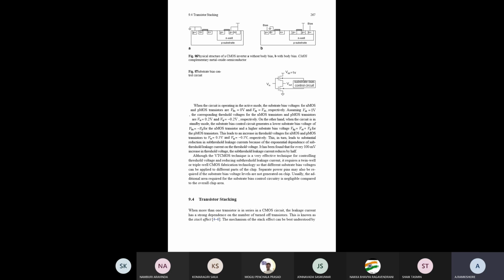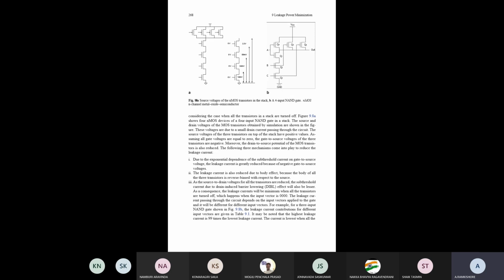The mechanism of stack effect can be understood from the figure 9.8a. Here we have a 4-input NAND gate and a 4-input NOR gate. We are using four P-type transistors in parallel and four transistors in series. In the same way, three transistors in parallel and three in series.